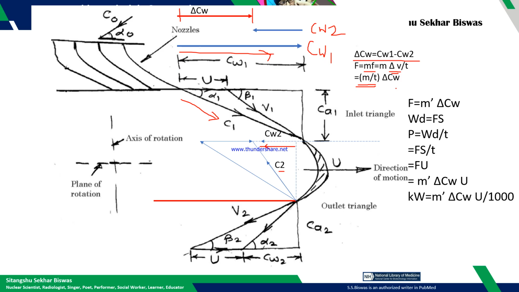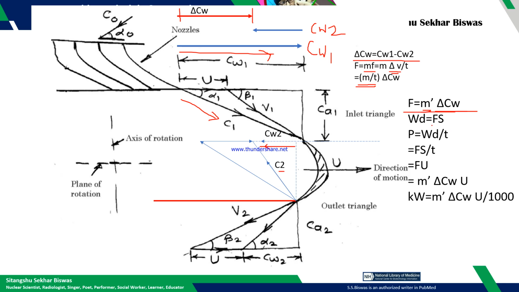Now this del v in our analysis is CW1 minus CW2. So F is equal to mass flow rate into the change of steam jet resultant velocity along the direction of motion of the turbine blade, which is mass flow into del CW.